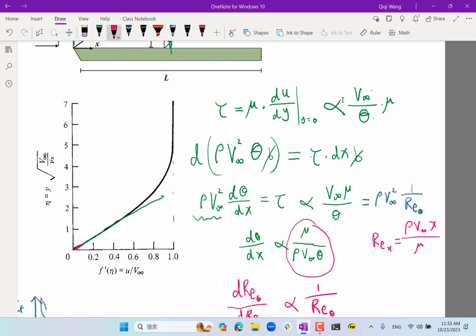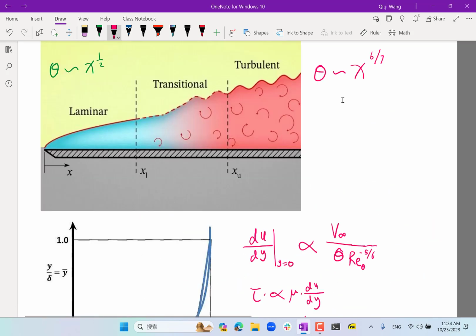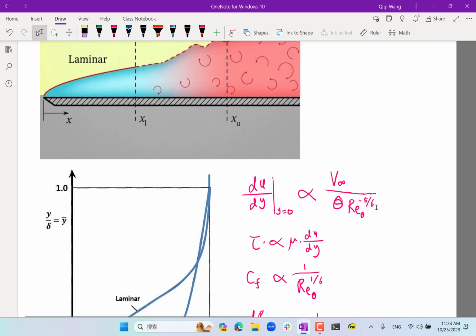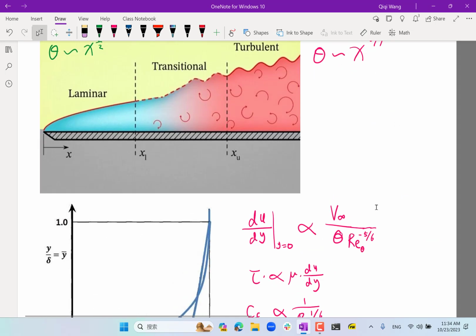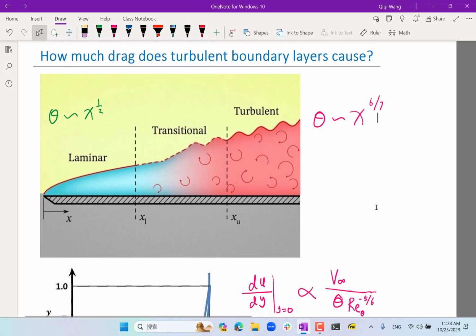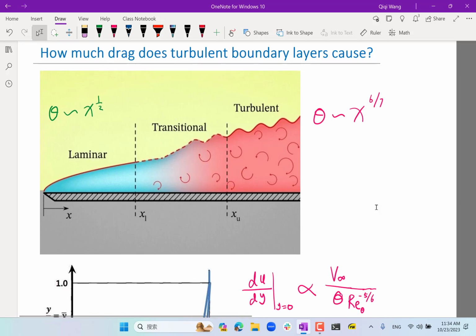Yeah. And my third question is, where do you get the 5/6? The 5/6 is just from empirical data, right? So the 5/6, there is no analytical solution. I mean, turbulence is still to this day something that we don't have any analytical solutions for turbulent flows. So all of these constants come from two sources.